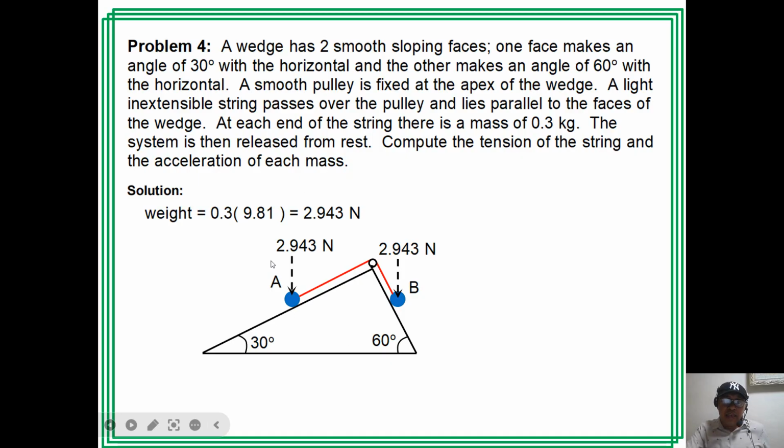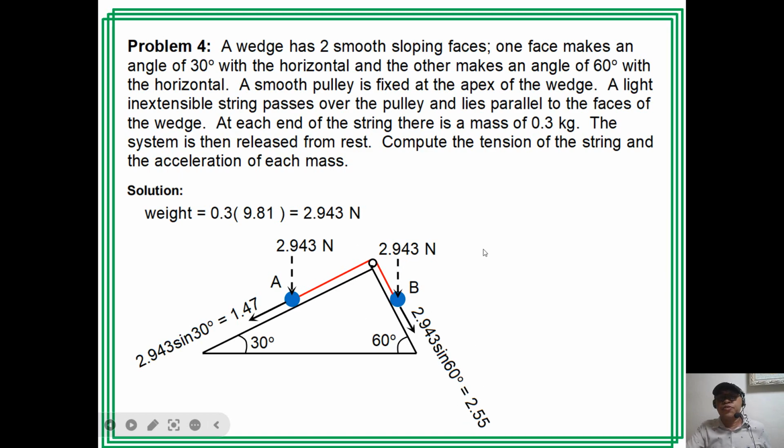The normal is the weight times the cosine of the angle, while the component along the incline is the weight times the sine of the angle. So, we have here 2.943 sine of 30, that is 1.47. We also have the component 2.943 sine of 60, that is 2.55.